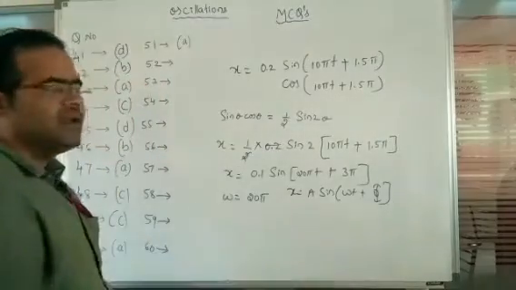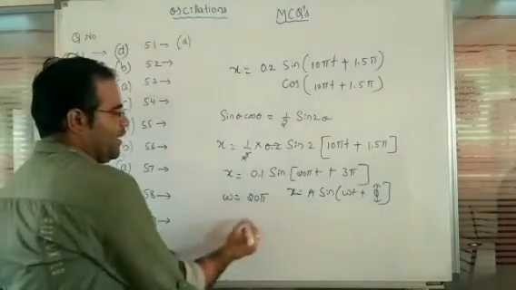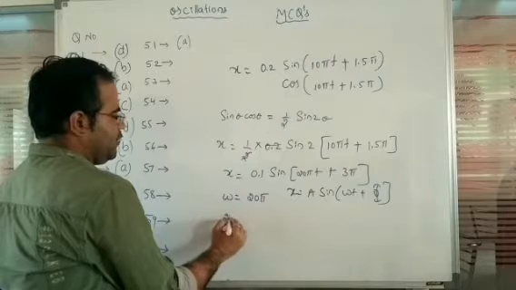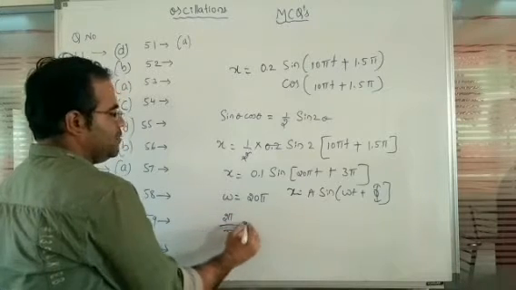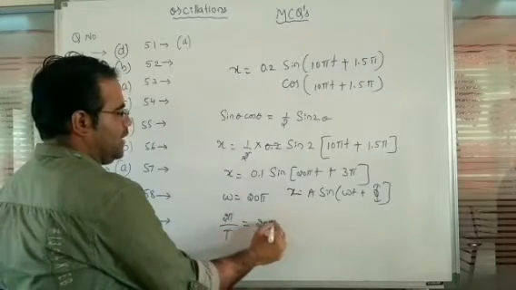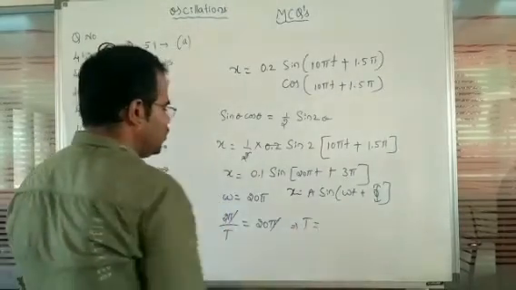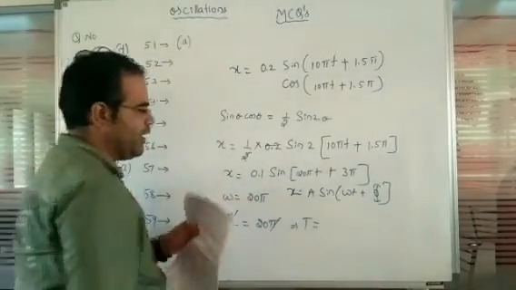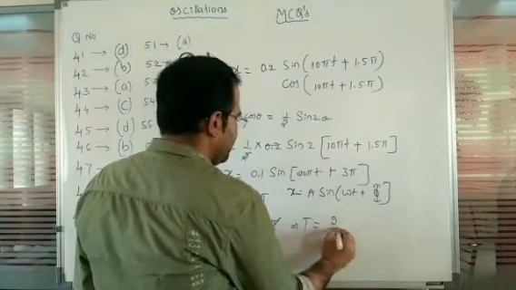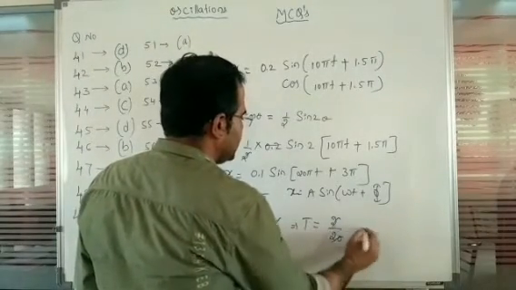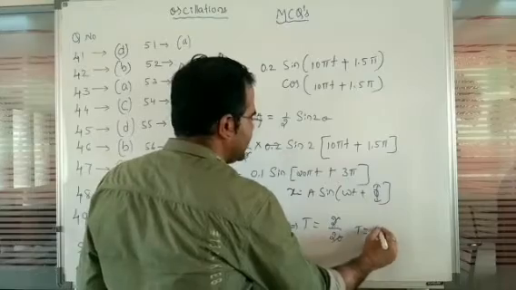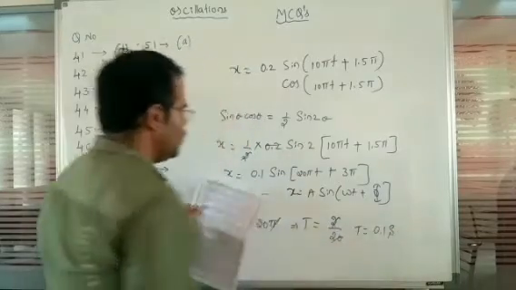On comparing these two equations, omega is equal to 20 pi. So 2 pi divided by T is equal to 20 pi. Pi gets cancelled, so T is equal to 2 divided by 20, so T is equal to 0.1 second.